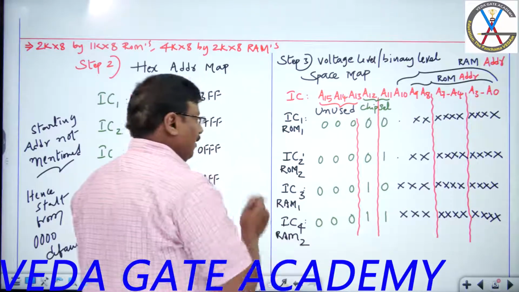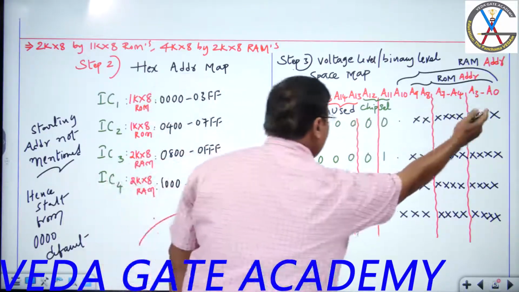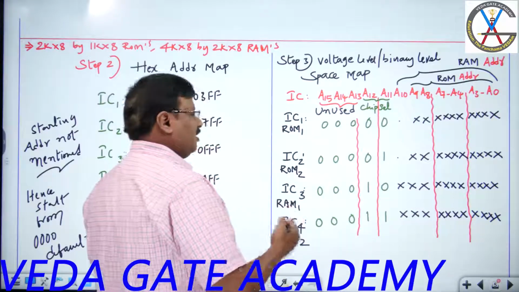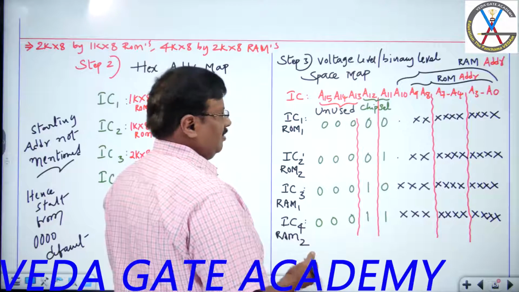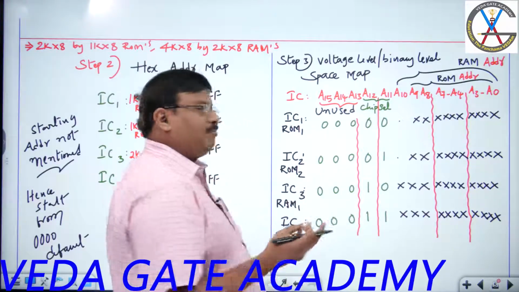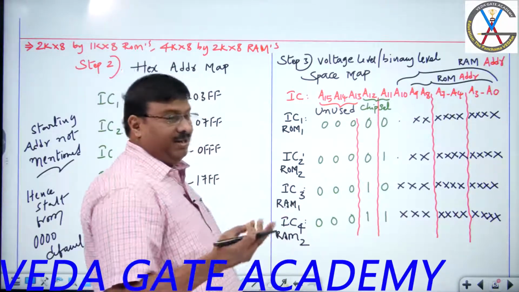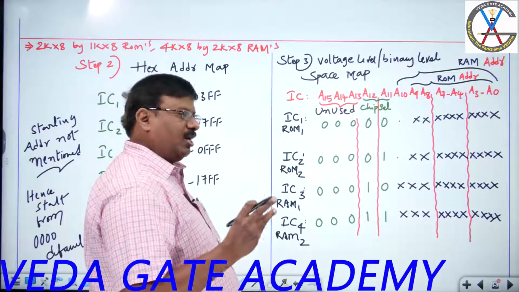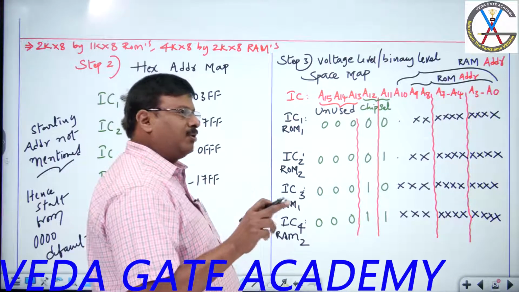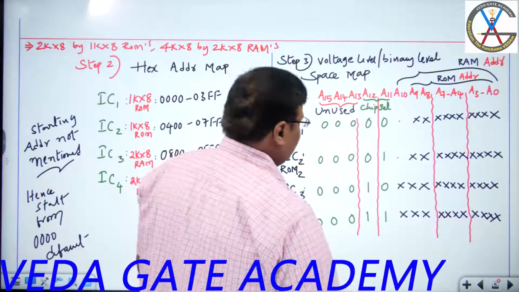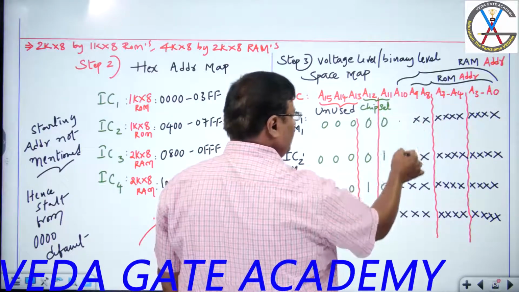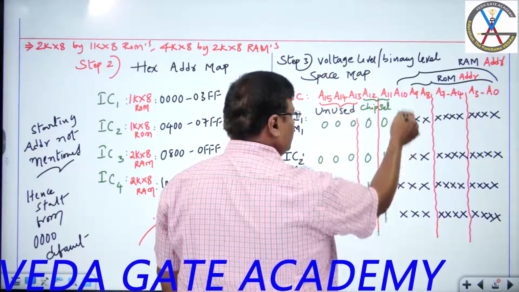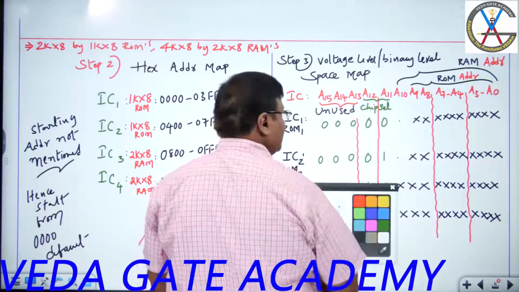Placing all don't cares as 0 and we'll get the starting address. Placing all don't cares as 1 will get the ending address. Because don't care beginning possibility 0, ending possibility 1. Correct? Keeping that, let us cross check. Anyhow, this bit is also unused in the case of this, right? So unused, 10th line. For ROM, it is unused.